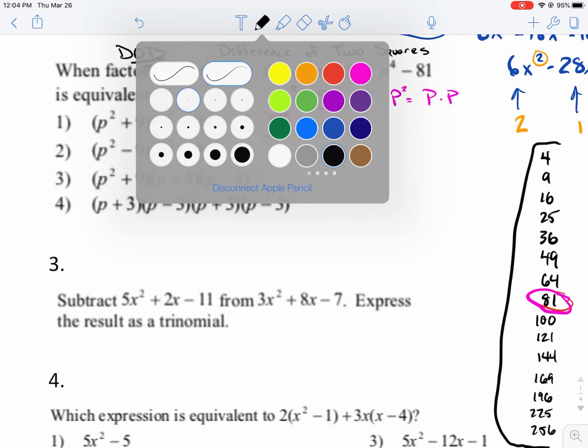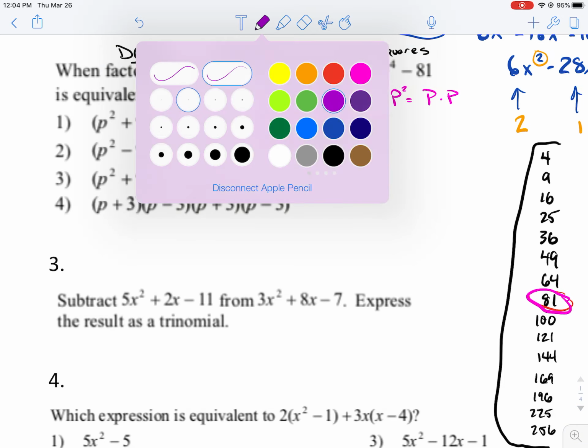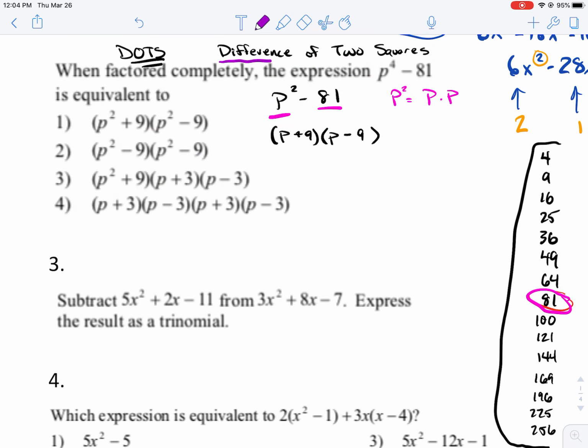So what happens is you end up splitting these things up. Okay, put a p on each side, plus and minus in between, and then you take the square root of that number. All right. Now, another key part about the difference of two squares is difference.